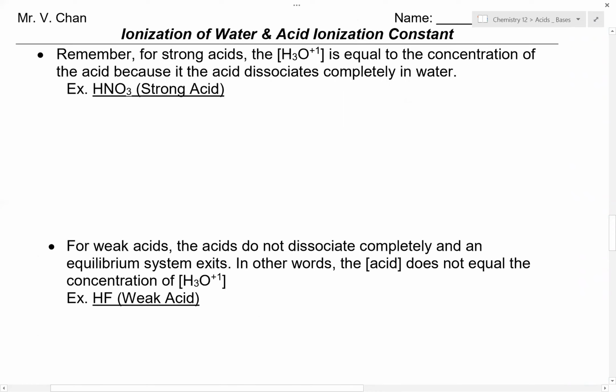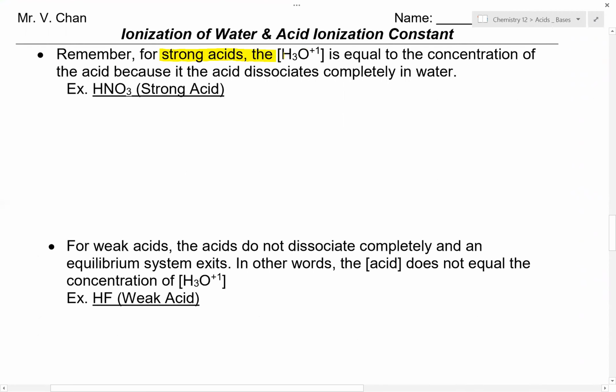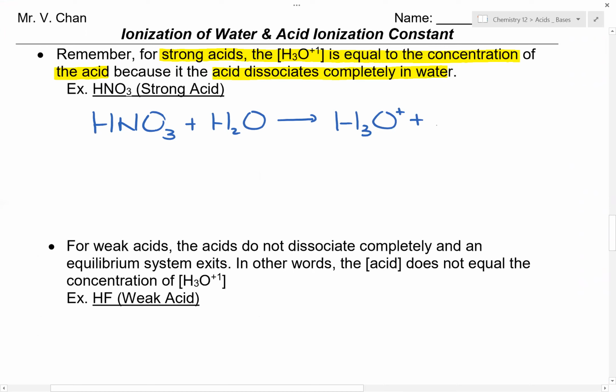Now, one thing for you to be aware of is that for strong acids, the concentration of H3O plus is equal to the concentration of the acid because the acid dissociates completely in water. So let's say we had HNO3. If we have HNO3 with water, because it's a strong acid, it dissociates completely to form H3O plus and NO3 minus 1.